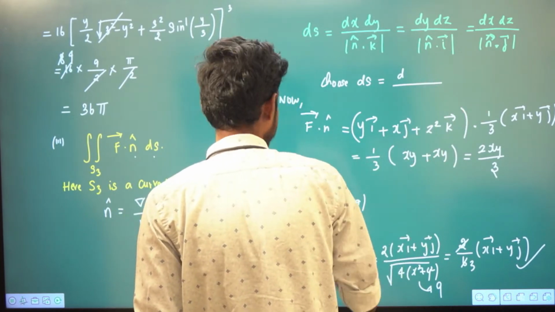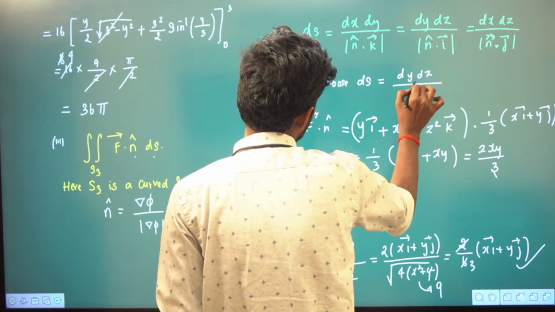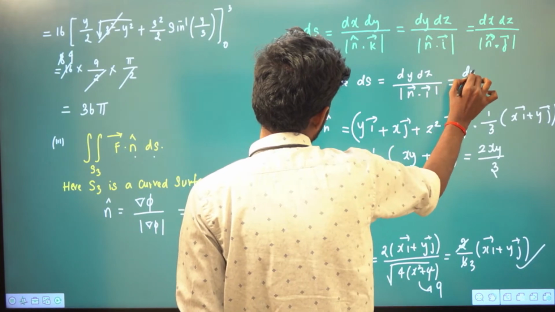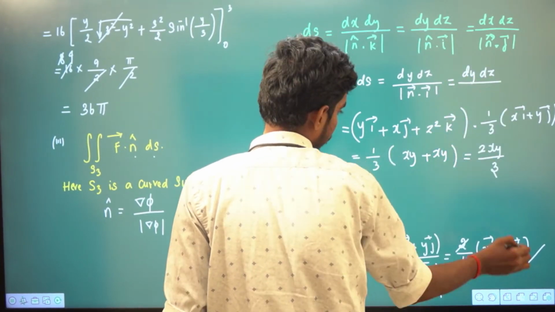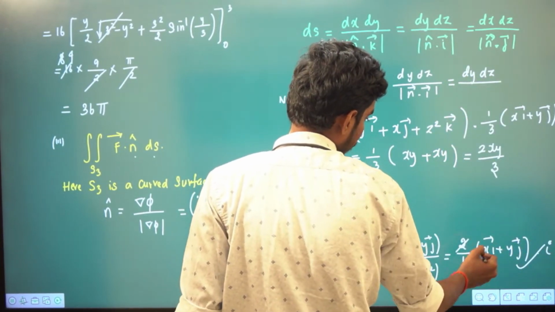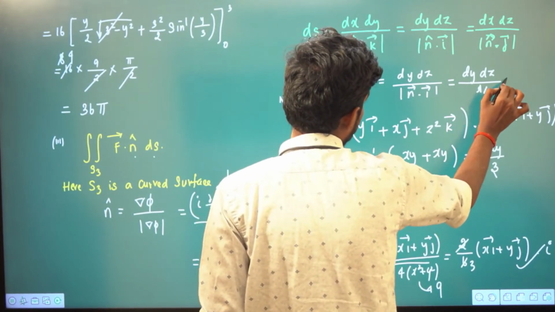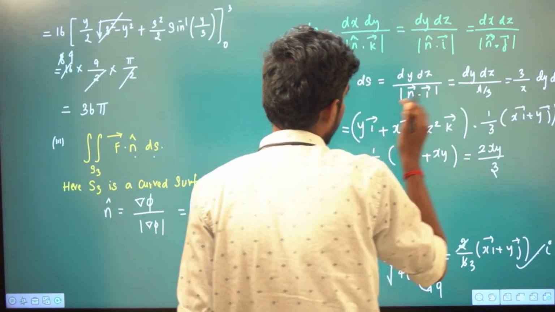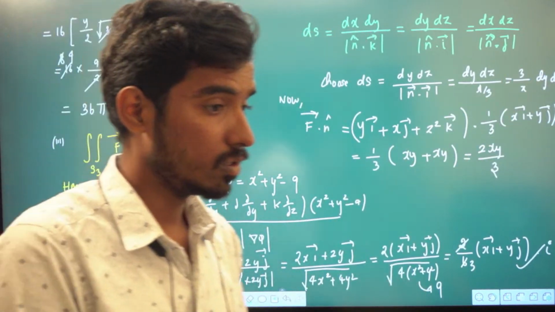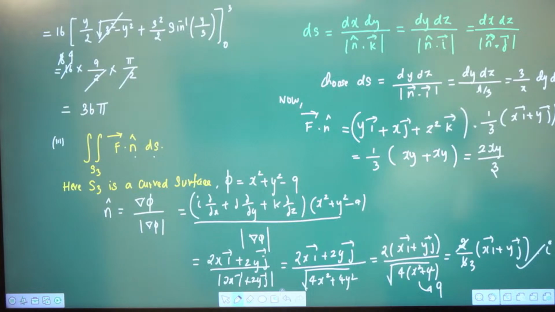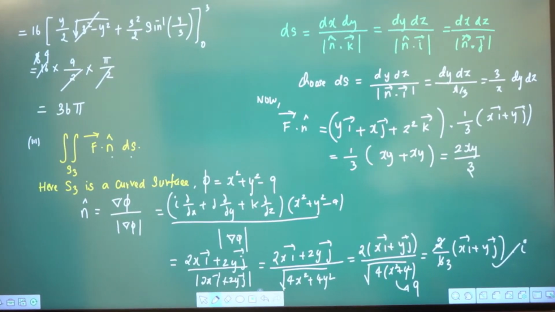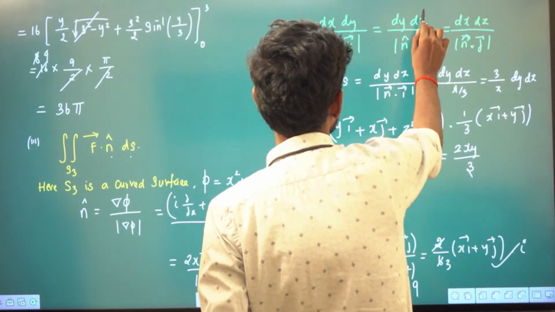So dy dz divided by n cap dot i. So what is n cap dot i? If you make a dot product with i, we will have x by 3. So 3 by x dy dz is your ds. Is it clear up to now? Either you can choose ds to be this or this.